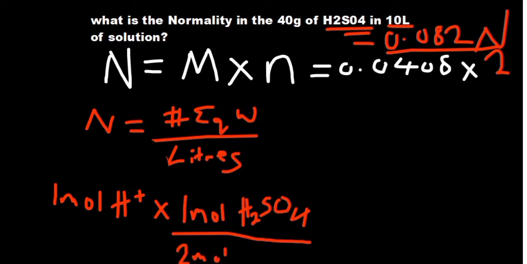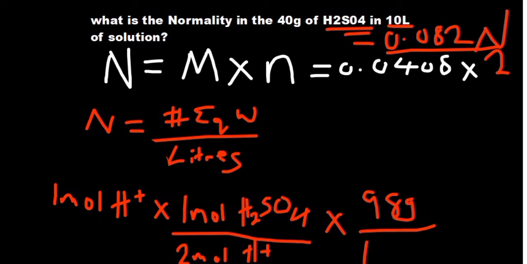So 2 moles of H plus. Then we also know that the molar mass of sulfuric acid is approximately 98, so per every 1 mole of sulfuric acid is 98 grams. So 98 grams per 1 mole H2SO4.